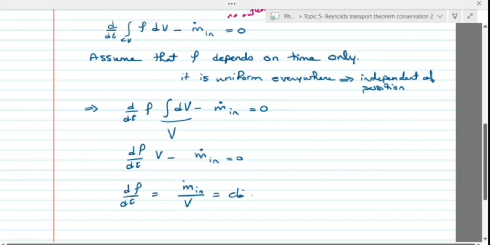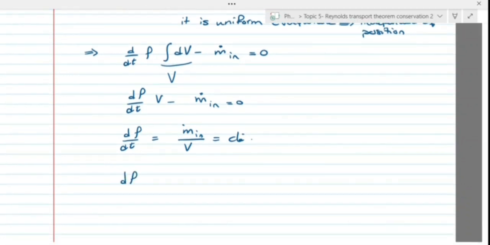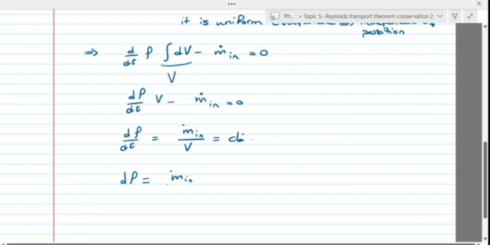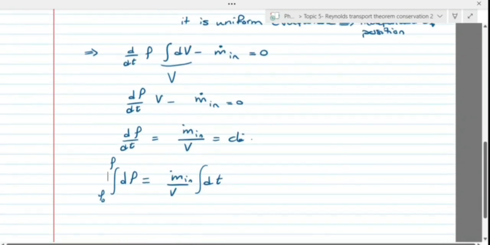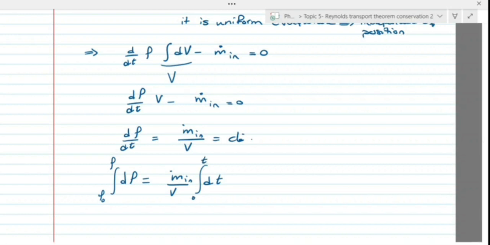I can just now resolve d rho to one side and m dot in over V with dt to the other side. Now these two terms are constant, so if I integrate both sides, these will stay outside, and I will obtain an integral of d rho from rho 0, which is the initial density at t equals 0 as given in my figure, rho equals rho 0 at t equals 0, to rho, which is the density at any instant time, and this is going to be the integral from t equals 0 to any instant t, and this will give us rho minus rho 0 equals m dot in over V times time.